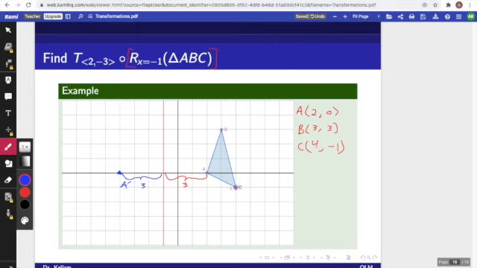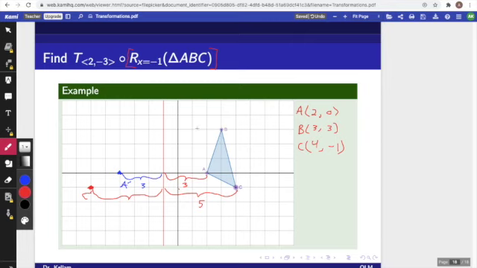Okay. Our C, again, we have a distance here with our C of 5, which means over here we need to go a distance of 5. 1, 2, 3, 4, 5. There's point C prime.